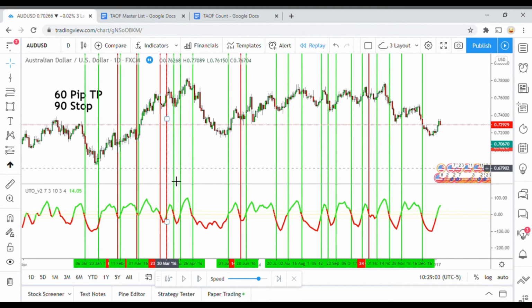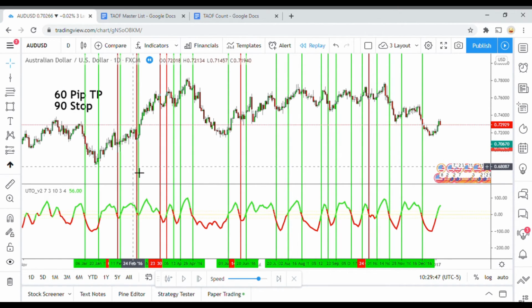1, 2, 3, up to 27. So 27 signals altogether.